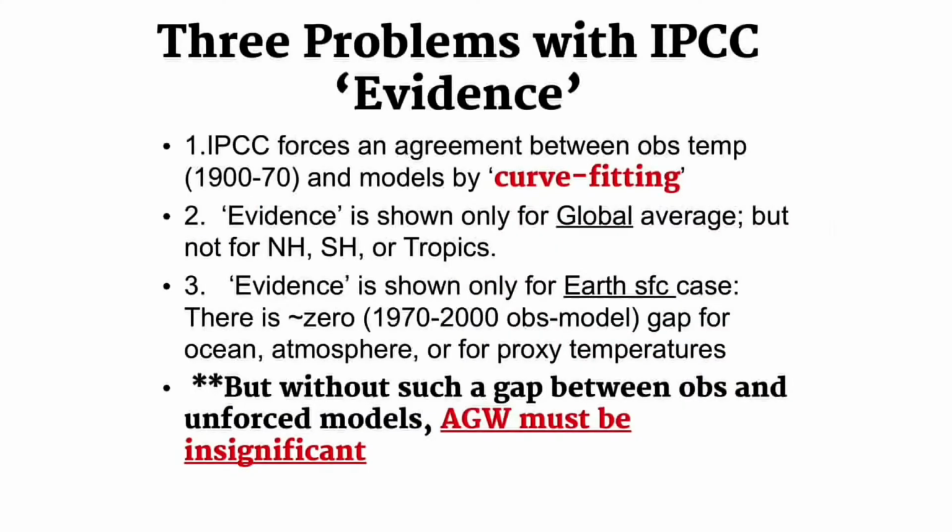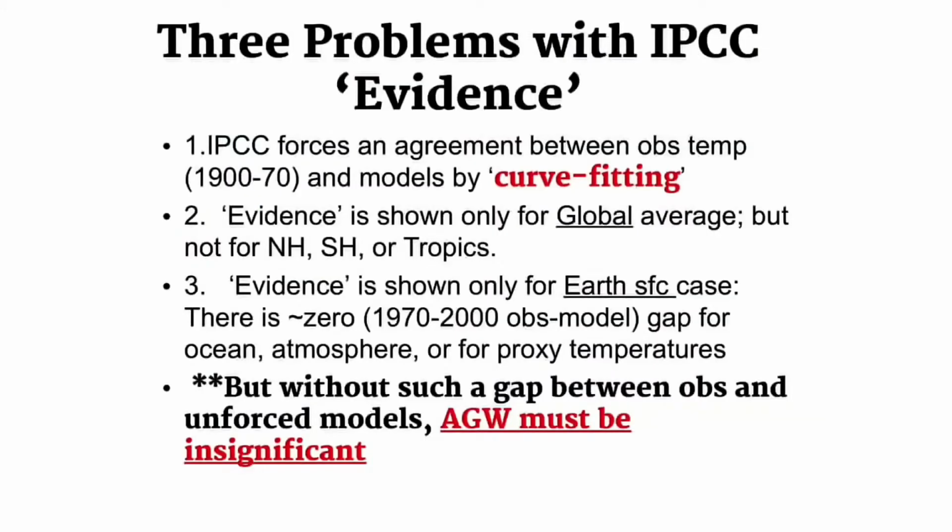The agreement is achieved largely by curve fitting. The evidence is shown only for the global average, not for the northern hemisphere, southern hemisphere, or the tropics, because it doesn't work. And they show it only for the surface and not for the atmosphere, oceans, and for proxies. And it's this gap that I showed you earlier that is their main argument for anthropogenic global warming.